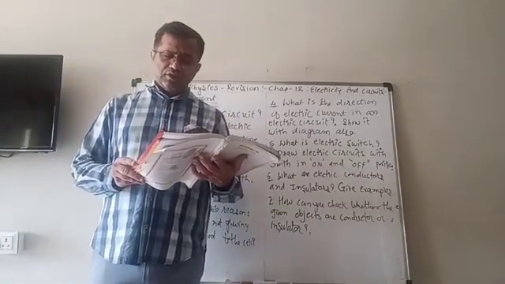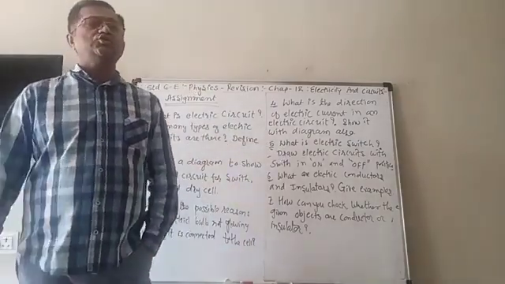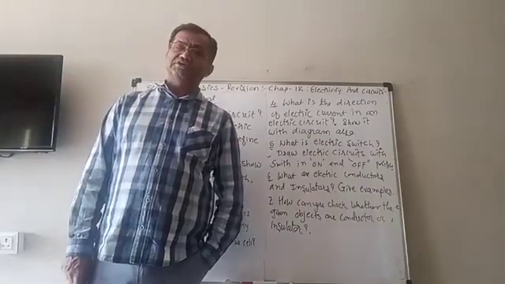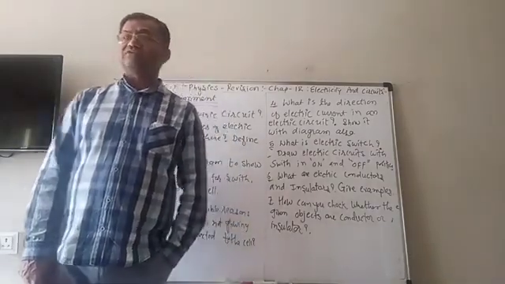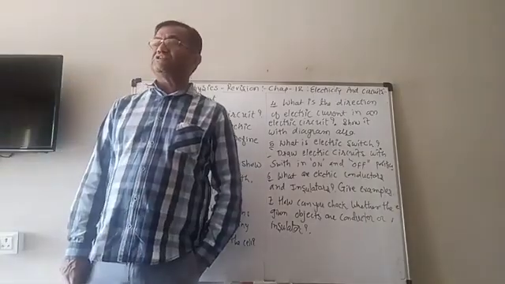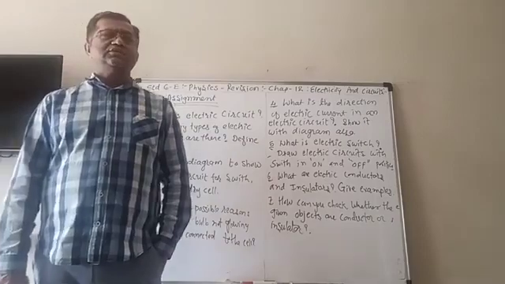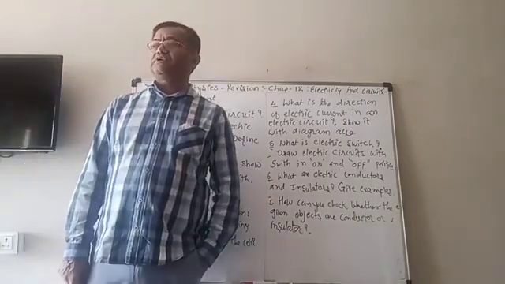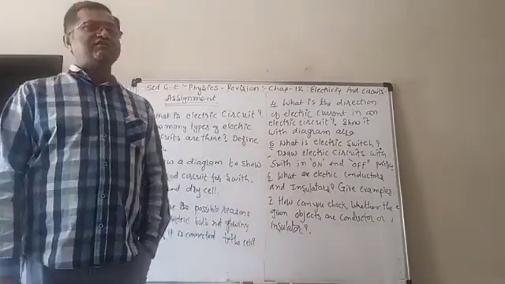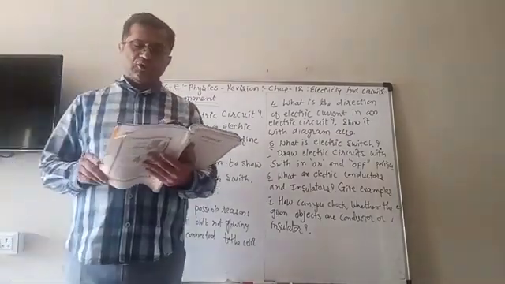Now, we know that we never join the two terminals of the cell directly without connecting a bulb or switch, because otherwise the chemicals inside the dry cell will be used up very quickly and it can stop working.